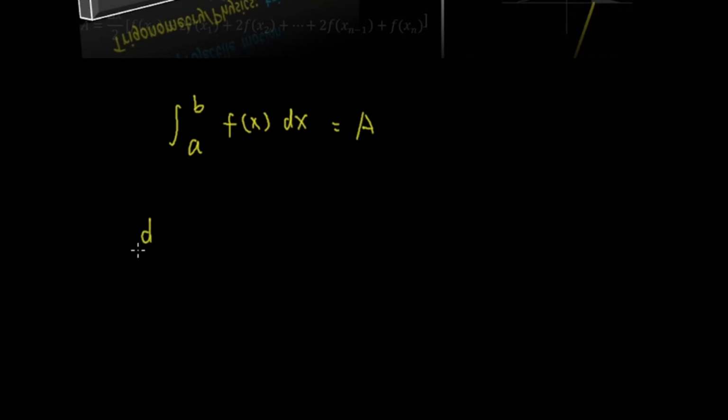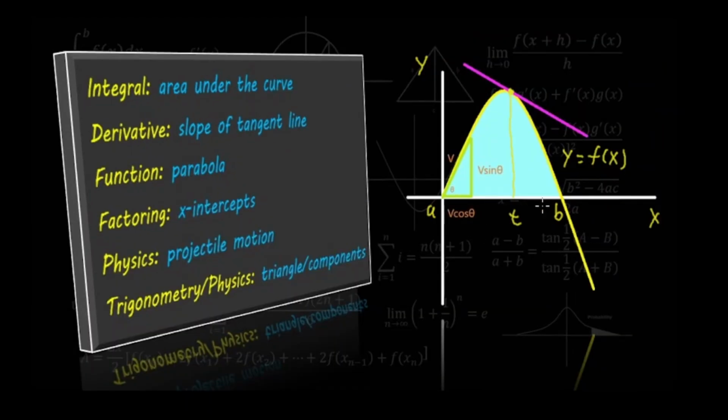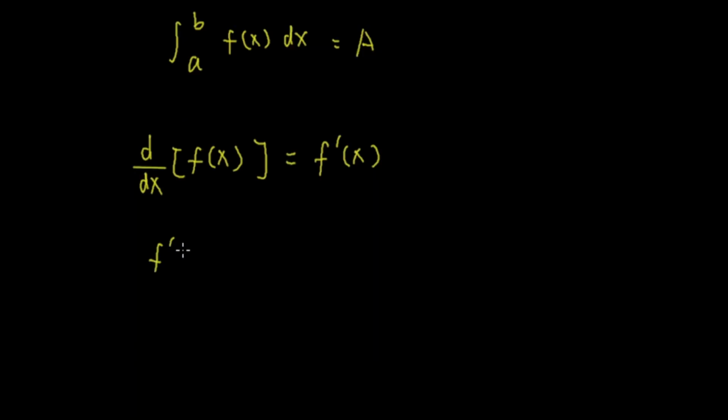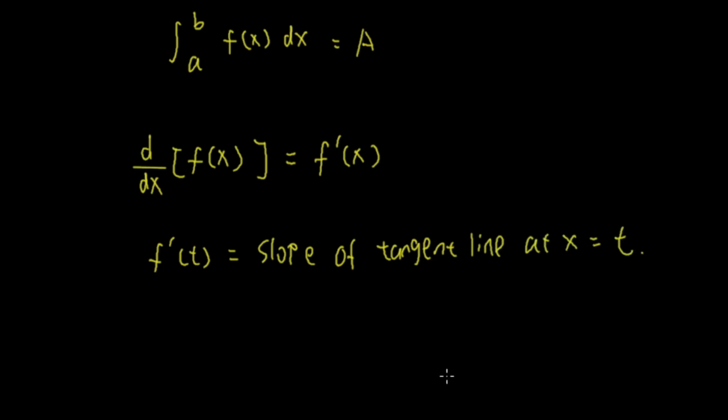So if I take the derivative of the function f(x), I will get f prime(x). So if I put in this value here, x equal to t, then f prime(t) will give me the slope of the tangent line at x equal to t.